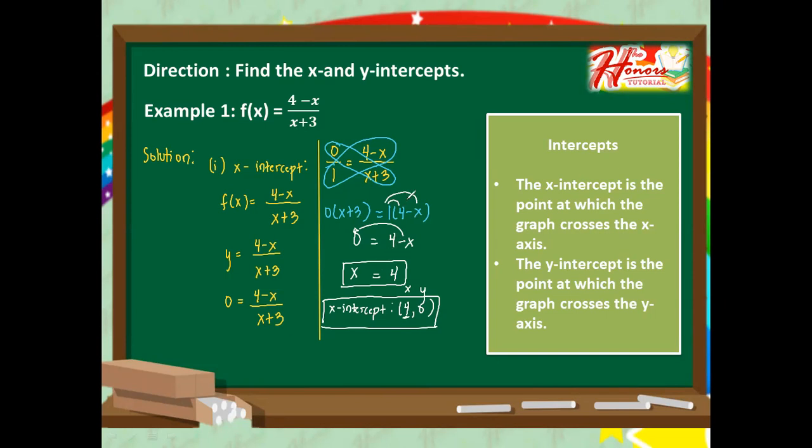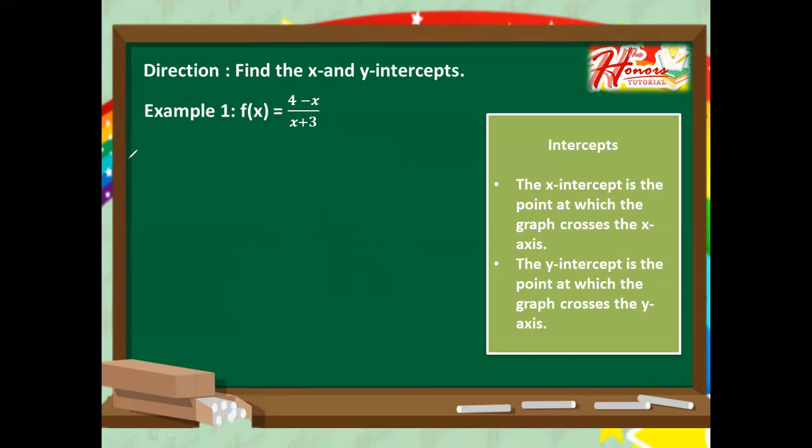Now let's solve for the y-intercept. And this will be solution number 2. We have to have the y-intercept. And for this part, we have to change x to 0.